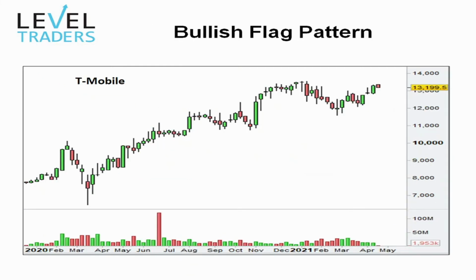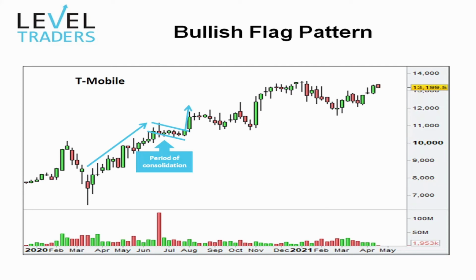Here's another great example of bullish flag patterns. This time it's a chart of T-Mobile. It's a weekly chart from the start of 2020 to mid-April 2021. So again, you've got the same principles. You've got the preceding trend, followed by the period of consolidation, which then leads to the breakout.